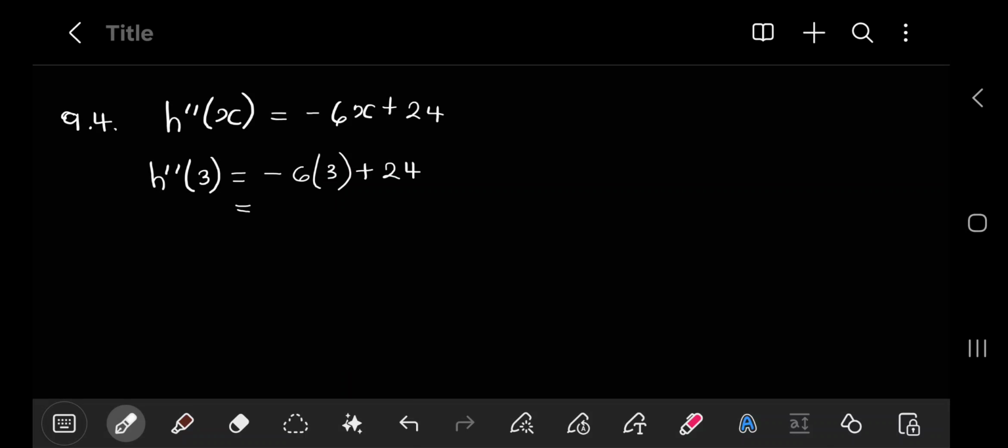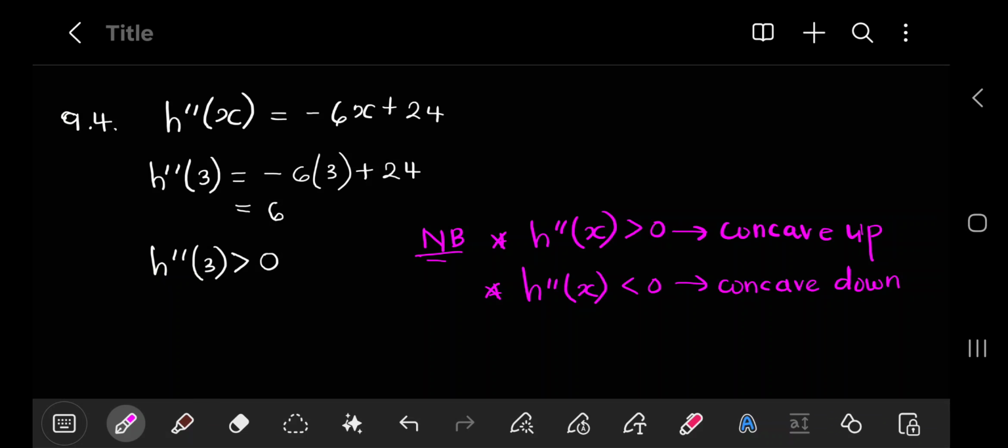Now negative 6 times 3 is negative 18. So you have negative 18 plus 24. That is going to give you positive 6. I want you guys to notice that your second derivative when x is 3 is positive 6, which is greater than 0. Remember, how concavity works is that it works hand in hand with your second derivative. If your second derivative is greater than 0, then it's concave up. If it's less than 0, then it's concave down.